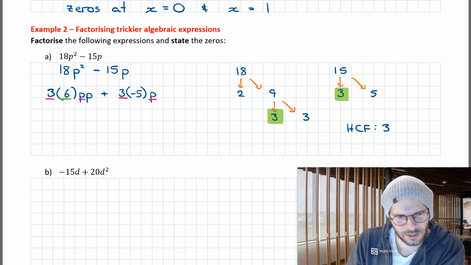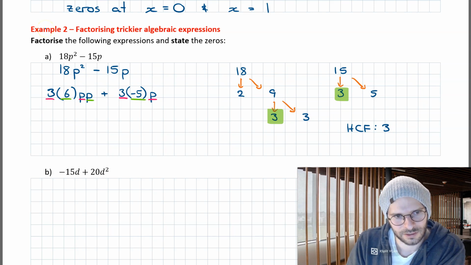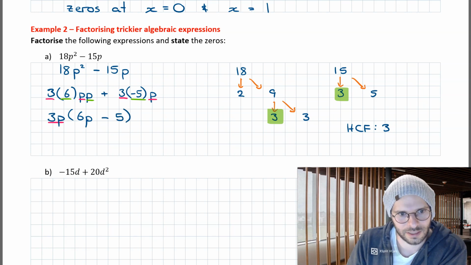What wasn't? 6 and p minus 5. Rewriting this, 3p is what we had in common. What we didn't have, we'll put in brackets, 6p take 5. Thus arriving at our most factorized form.